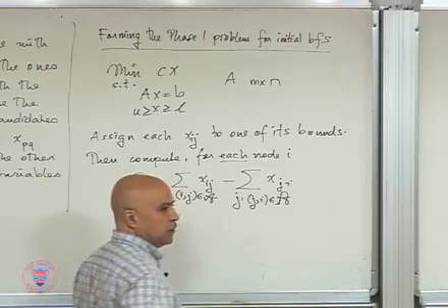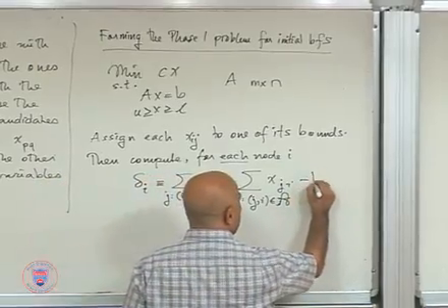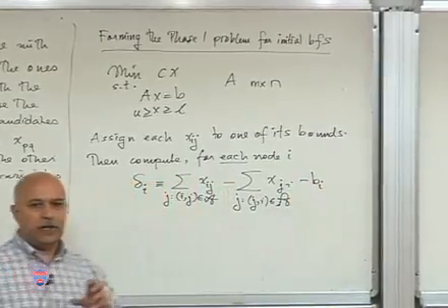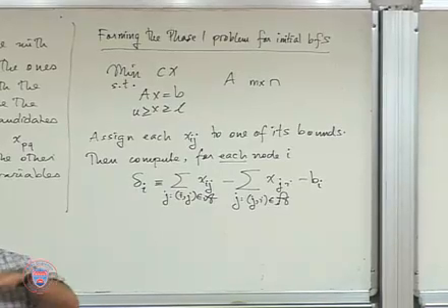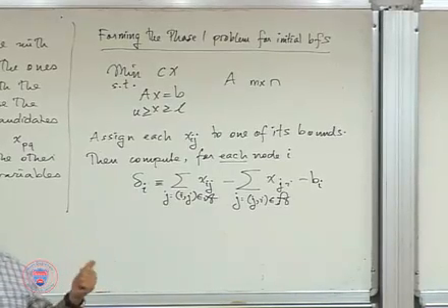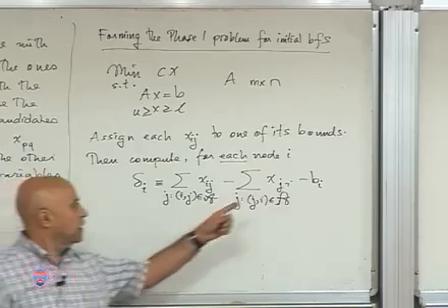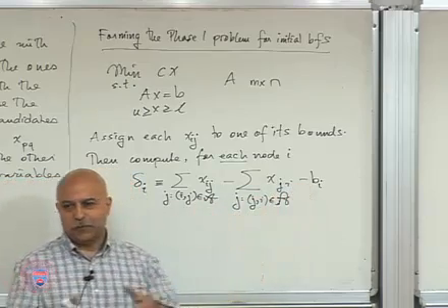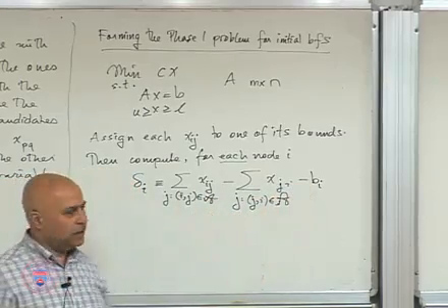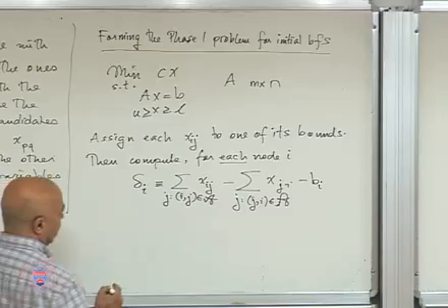So you subtract your bi. If bi is a positive number on the right side, then it's an input flow on the left side. So you subtract that. If bi is a negative number on the right, negative bi becomes a positive number, which means it's an outflow. Anyway, this is the way we look at this.